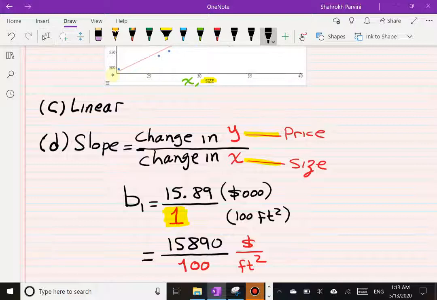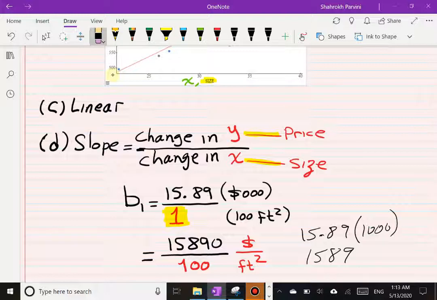You multiply 15.89 times 1,000 and you get 15,890. That's how I got the numerator. And 1 in the denominator, remember units are in 100 square feet, so 1 means 100 square feet.